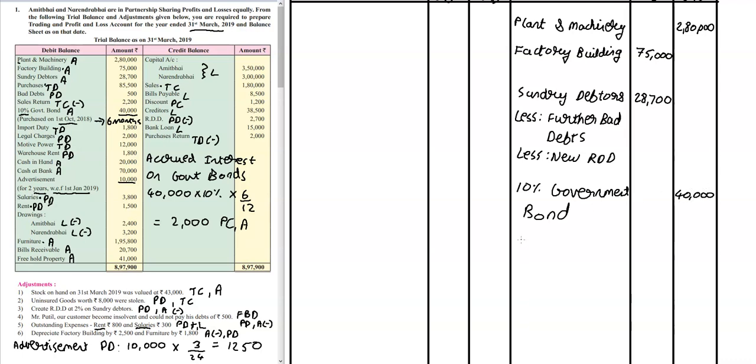The accrued interest on that same bond, accrued interest, is going to end up being 2,000.